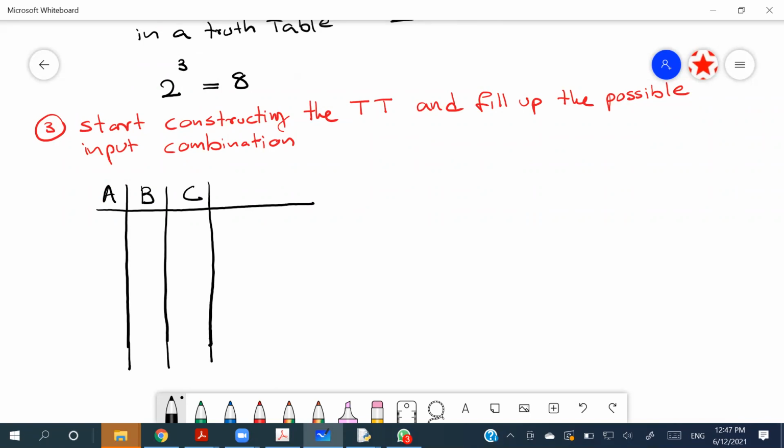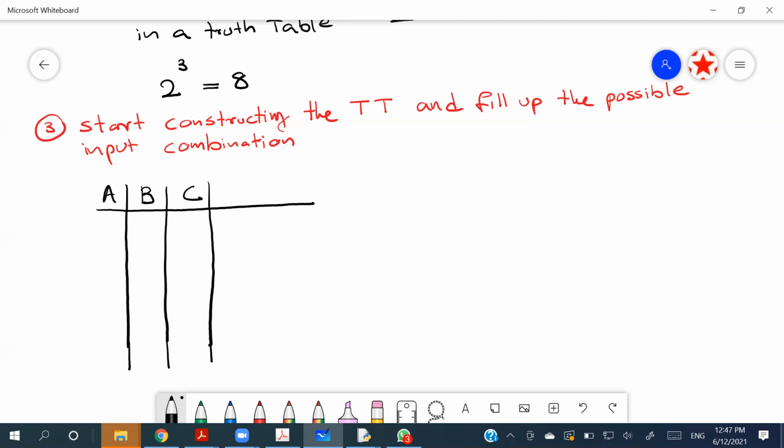Now, how are we going to write the combinations? There is a logic behind this, and there is a way that you can have it within a second, just disregarding the logic, right? There is a shortcut to do this, and there is a logic behind it as well.